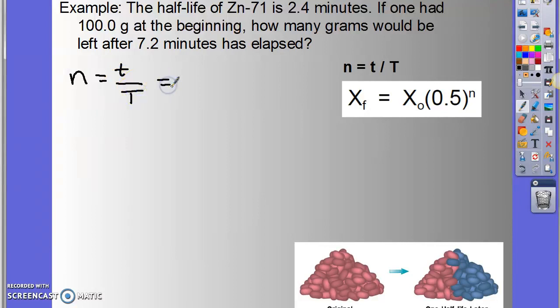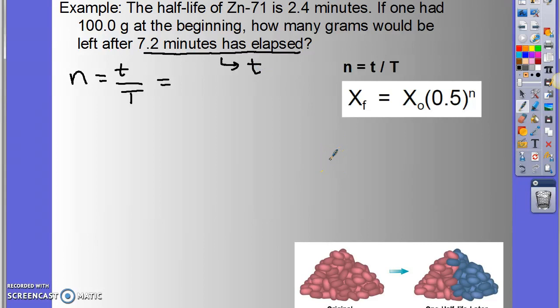We know our little t is the amount of time that has gone by, or the amount of time elapsed. So when you read the equation, the first thing you need to do is read each number and unit and figure out what that's talking about. So this one, 7.2 minutes has elapsed. That means 7.2 minutes has gone by, therefore this is our little t.